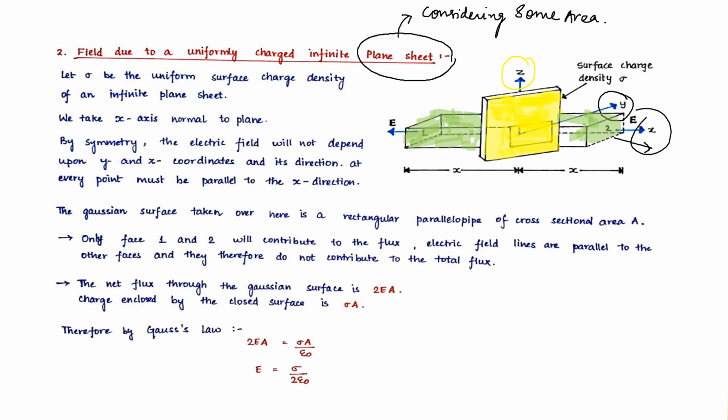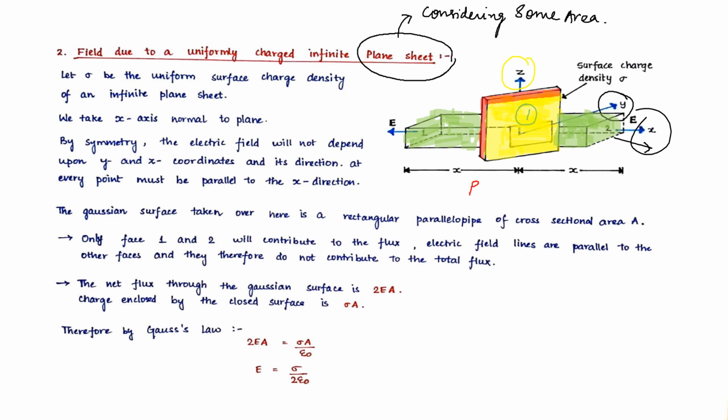And see, this is along the x-axis, not along the y-axis, not along the z-axis. So the flux at the other faces which are facing the z-axis and y-axis will be 0. This particular face will show 0 flux, then this particular face will show 0 flux. Only the two opposite faces will show the flux along the x-axis.